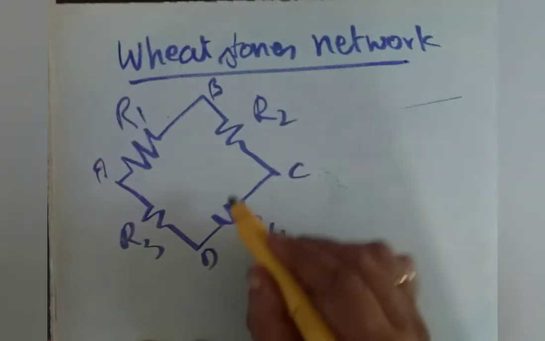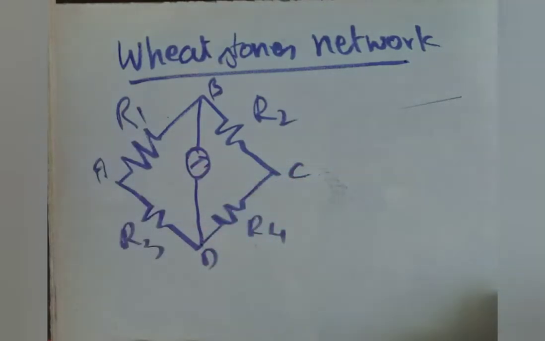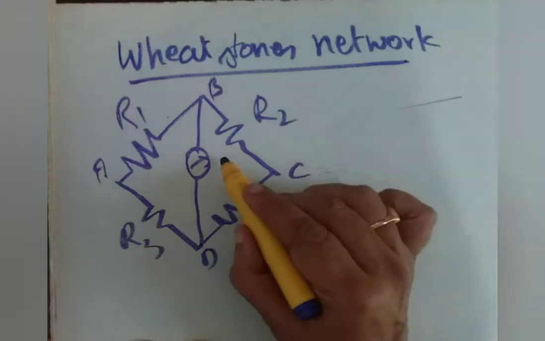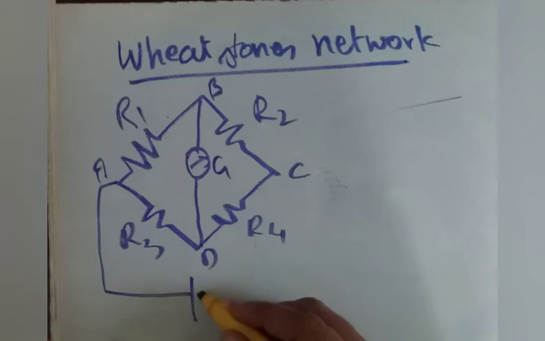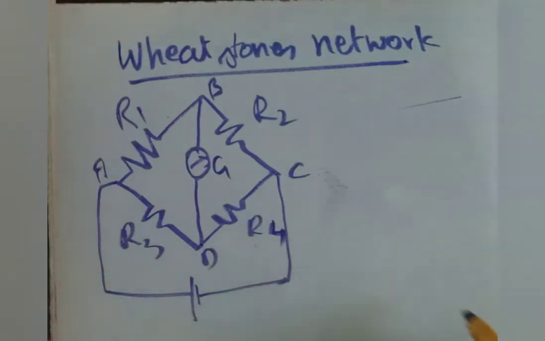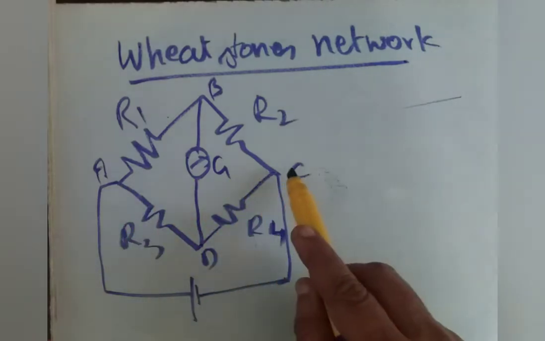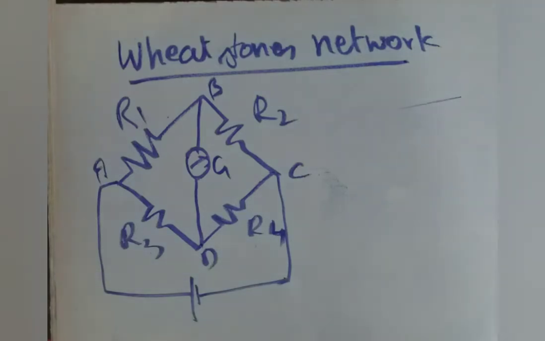2 diagonally opposite corners B and D are connected to a galvanometer. Galvanometer means a current detecting device, G. Now the other 2, A and C, are connected to a cell or a battery like this. So this is what we call Wheatstone's network. Again, Wheatstone's network is a quadrilateral arrangement of 4 resistances wherein 2 diagonally opposite corners are connected to a cell, the other 2 connected to a galvanometer.